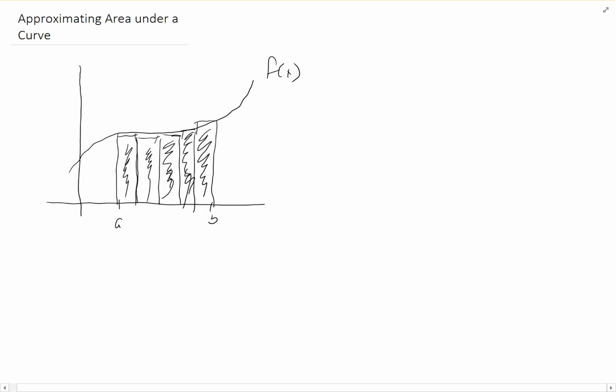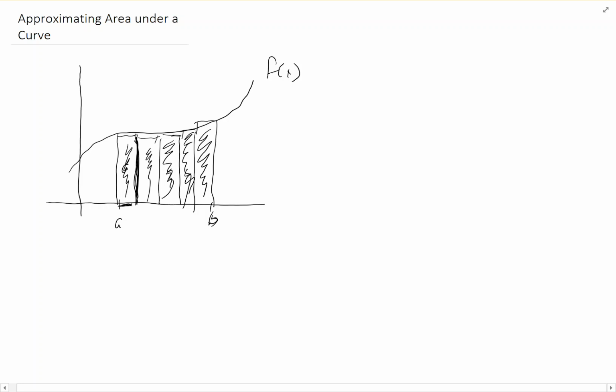There are several different strategies for coming up with different rectangles, but the idea is that you want to find the area of these rectangles. Typically we look at the height of the rectangle and the width of the rectangle, and you multiply those two together to get the area.